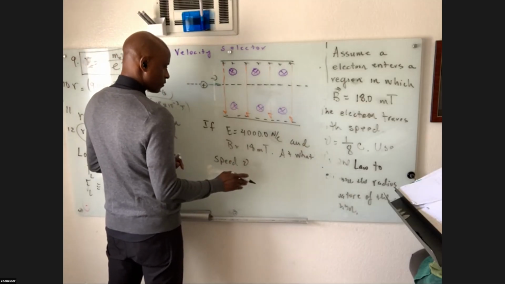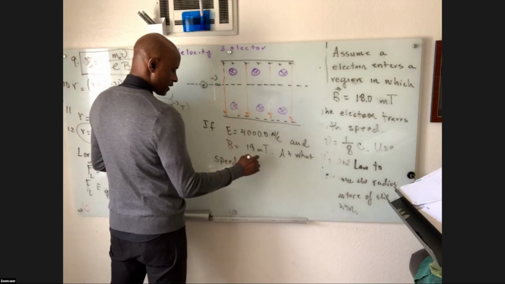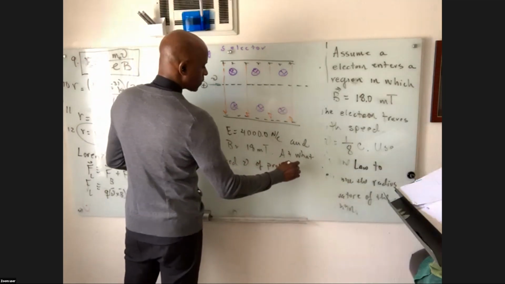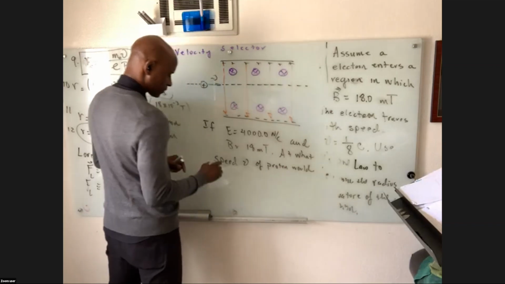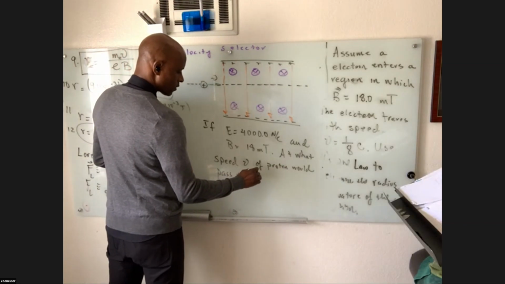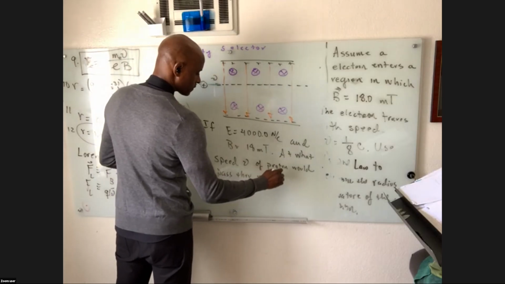What speed v of a proton would pass through with no deflection?